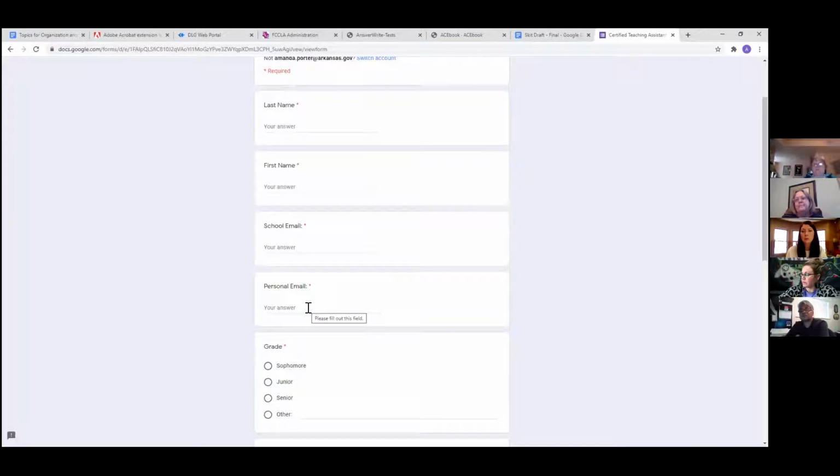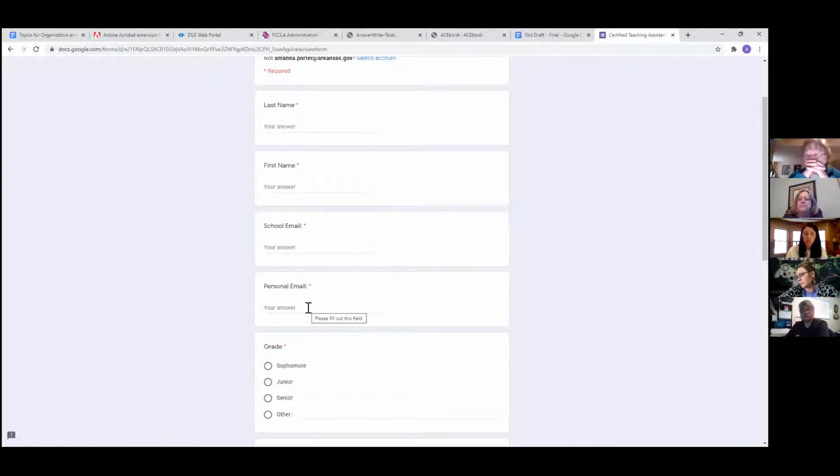And so a lot of times it'll be sent and then they never received it. But also most of your students are going to be seniors, and they're going to be transitioning into going off to college or working, and then they won't have access to that school email. So they need to be prepared and have a personal email address set up so that they can actually receive the certification.